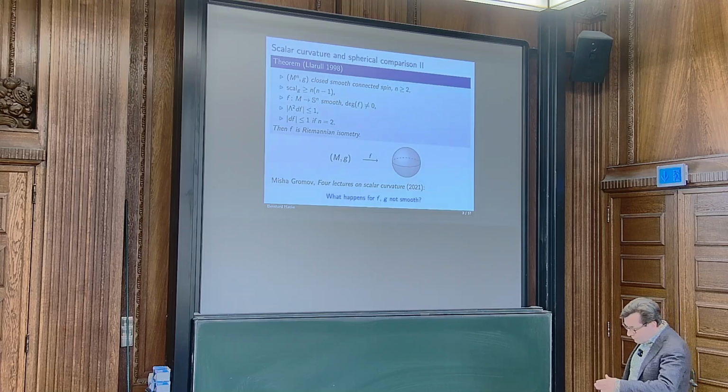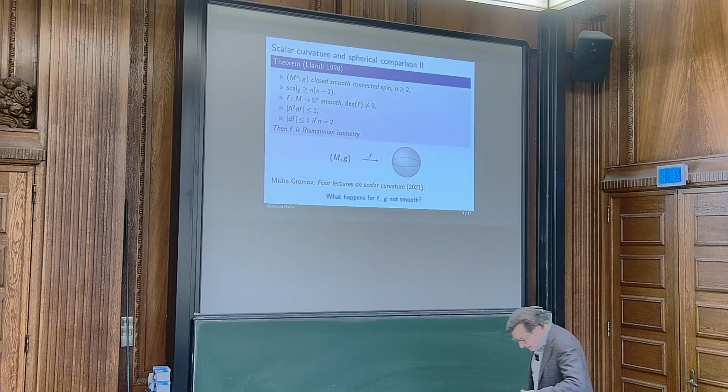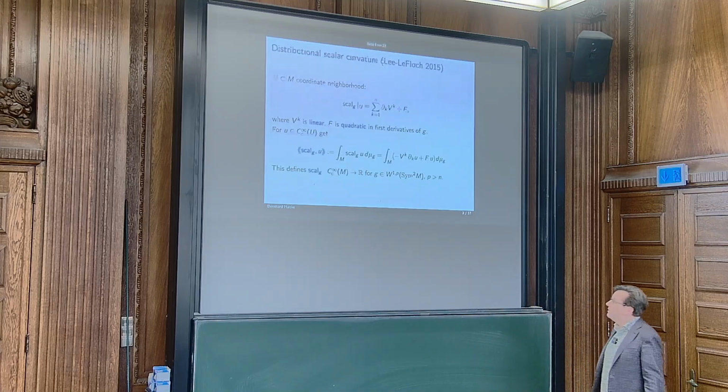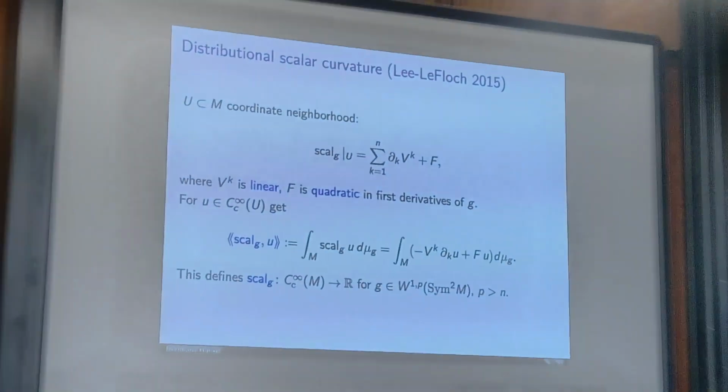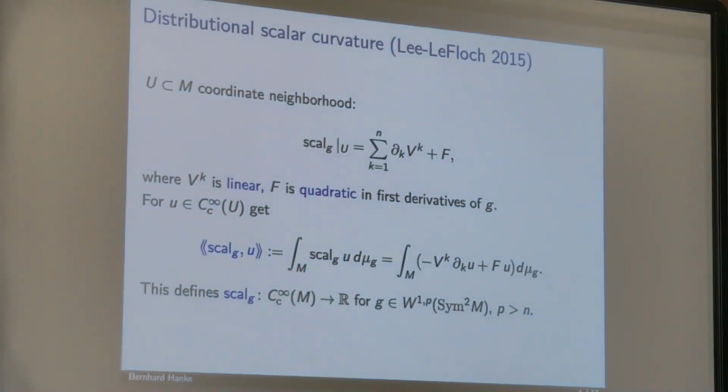And if we want to go below regularity C2, we have to do something different. And this is a notion which was introduced by Lee-LeFloch in a paper from 2015. Namely, they introduced this notion of scalar curvature distribution.